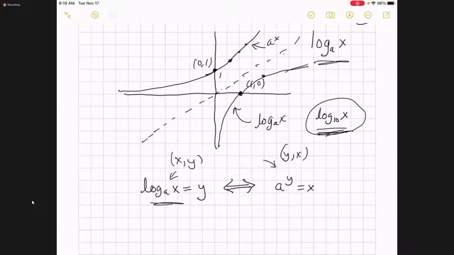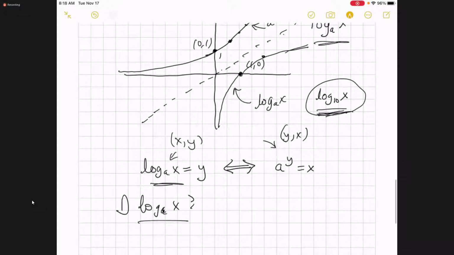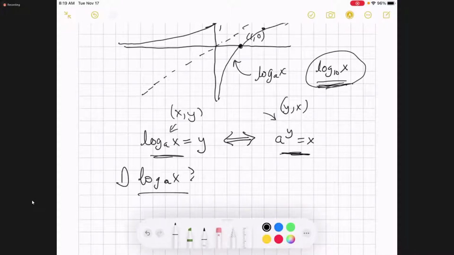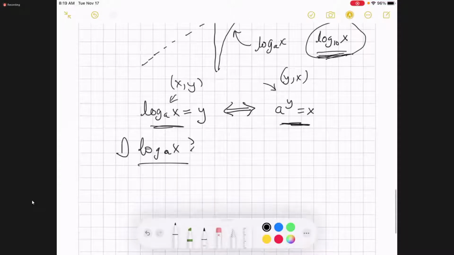What's the derivative of the log base a of x? Well, I could differentiate implicitly. My function is called y.